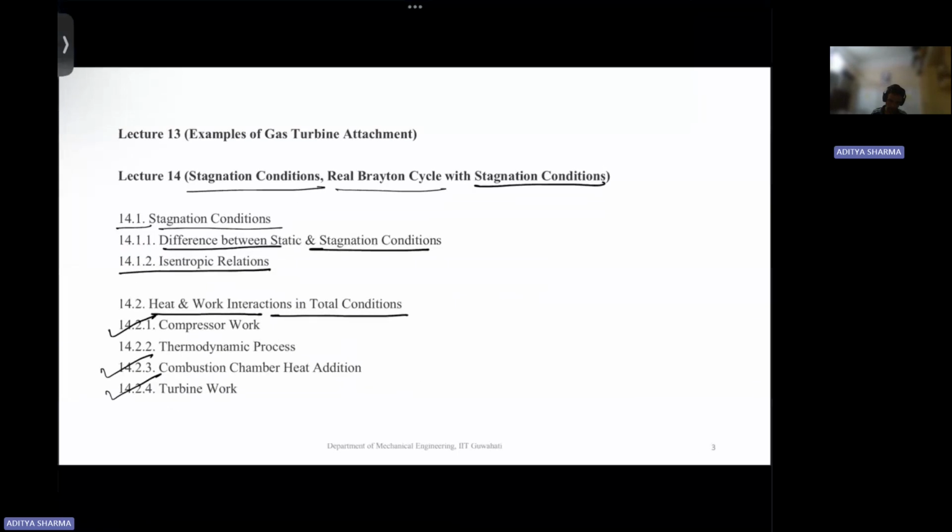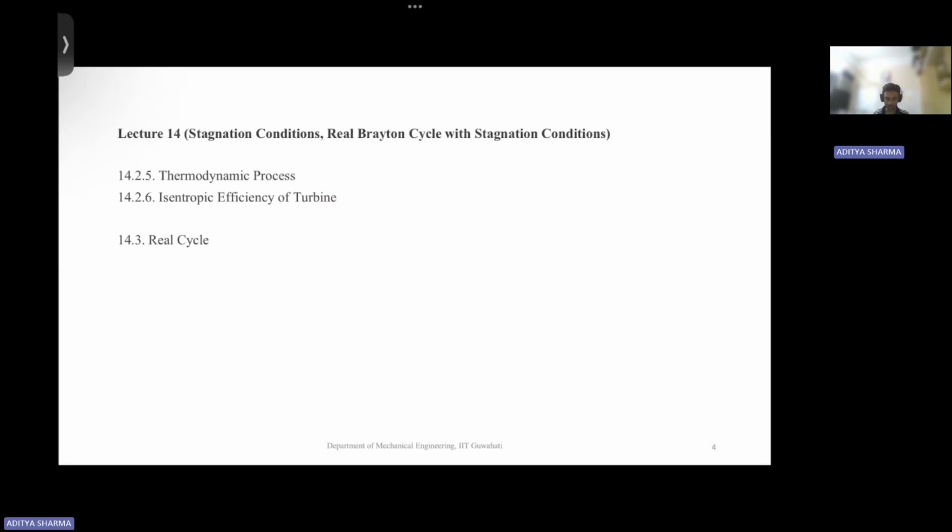Okay, so this is your heat and work interaction at each stage of the working fluid. Up to this point, we have discussed 14.2.6. Now is the whole real cycle, how it looks like.